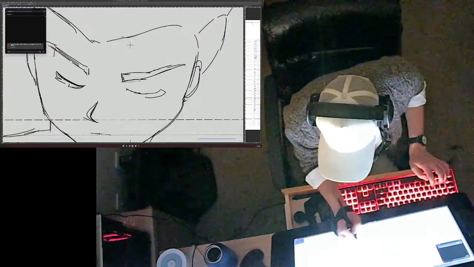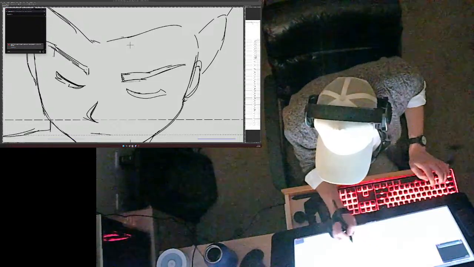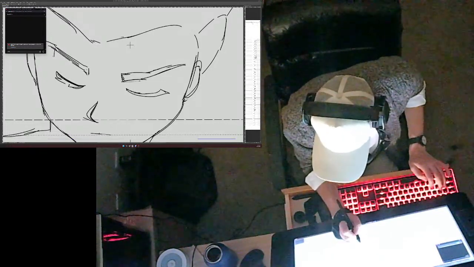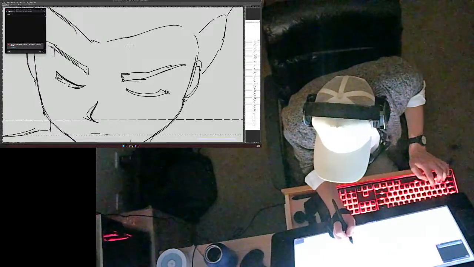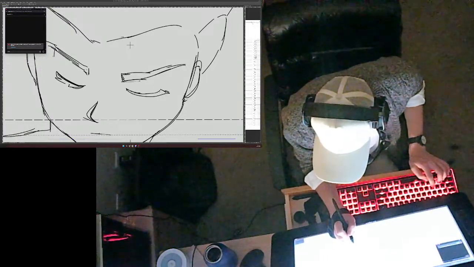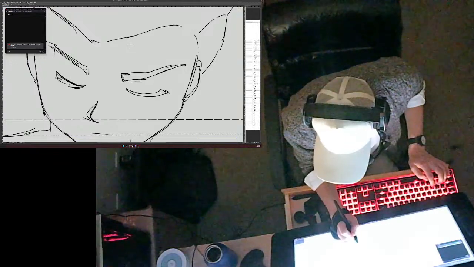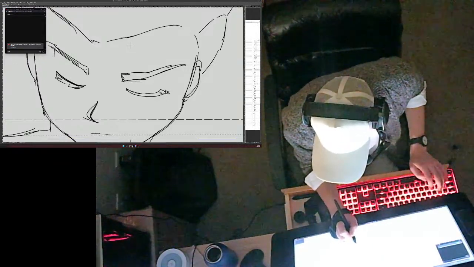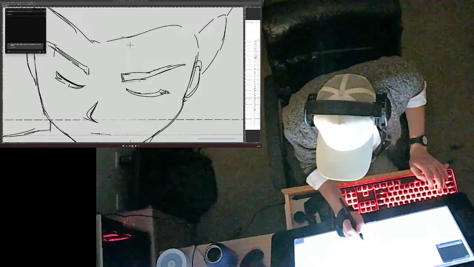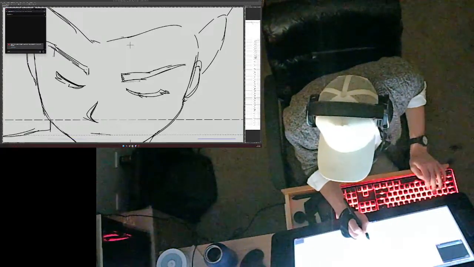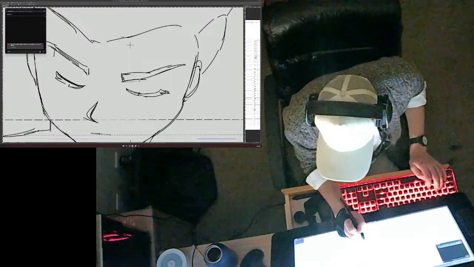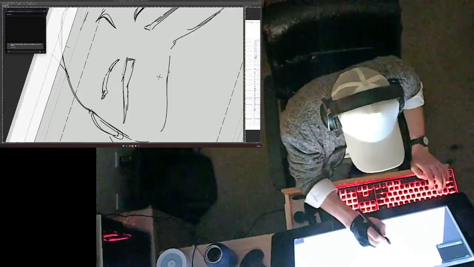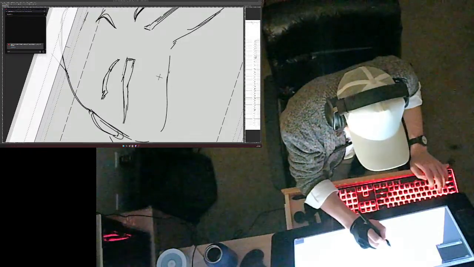So I start with the big shape, kind of like this shape. And then one cut out of here that has to go in perspective, like that. And there's one cut out of here. Shrug those lines.